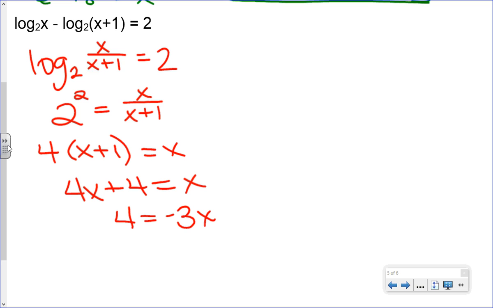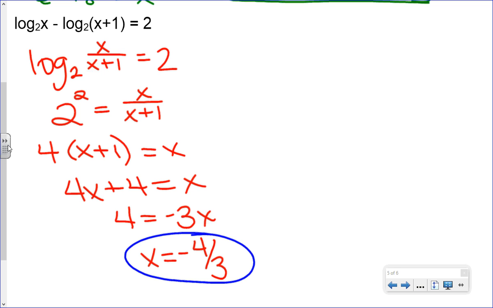Which means 4 equals negative 3x, so x equals negative 4/3. That's our answer? Caleb, what do you notice? You plug that in, it doesn't work. If we plug negative 4/3 into our equation, it does not work in the domain of either one of our logarithms.